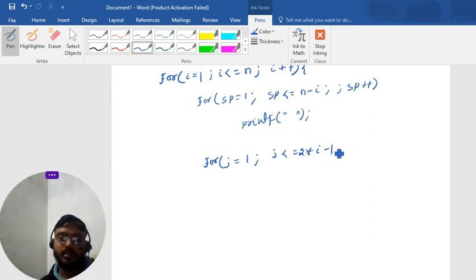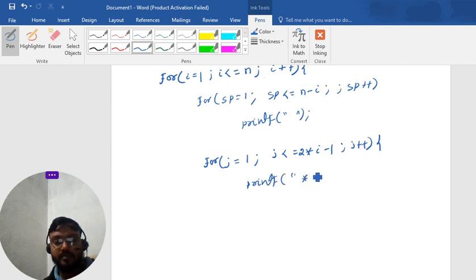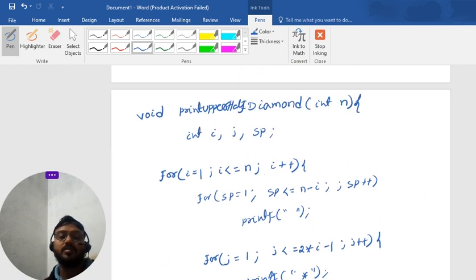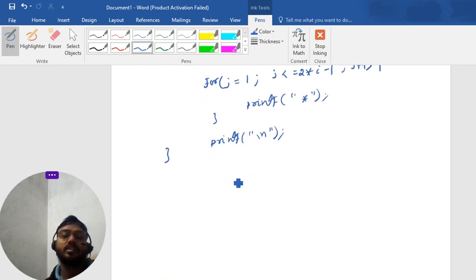Then j plus plus. Print the star, printf star. Once I have printed the star, I need printf slash n at the end of the for. This is for the upper half. Nothing to return, so I can close the function.